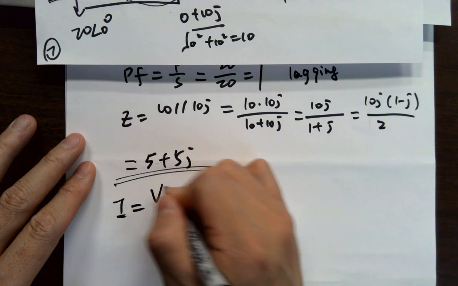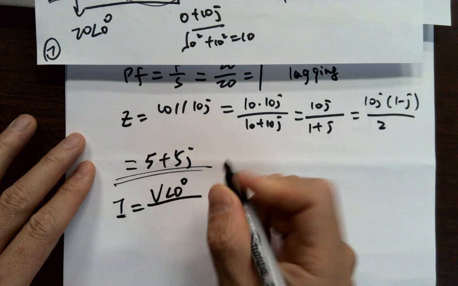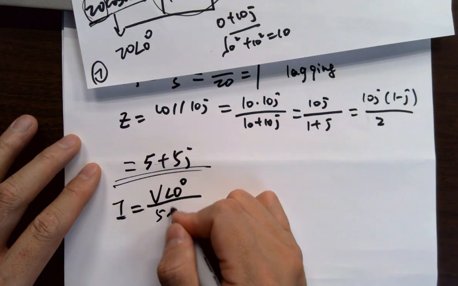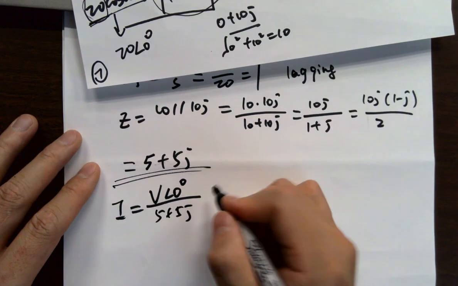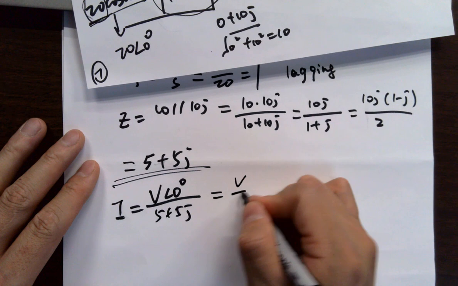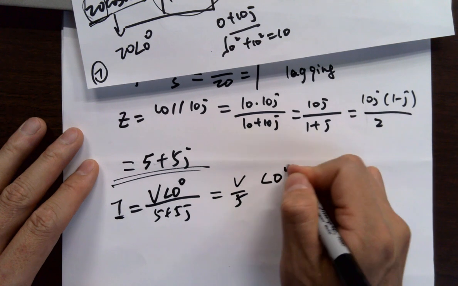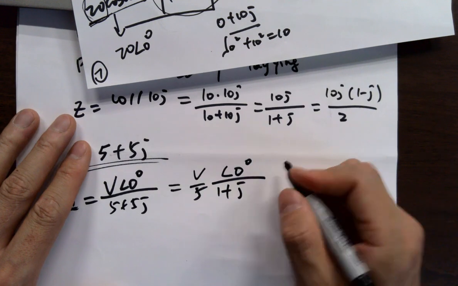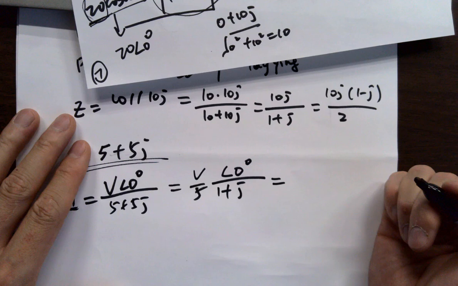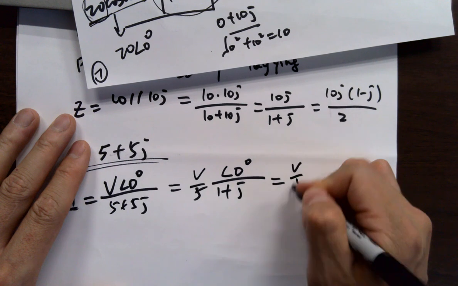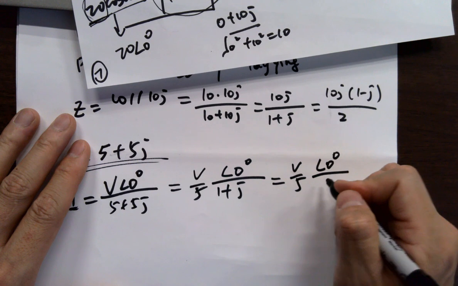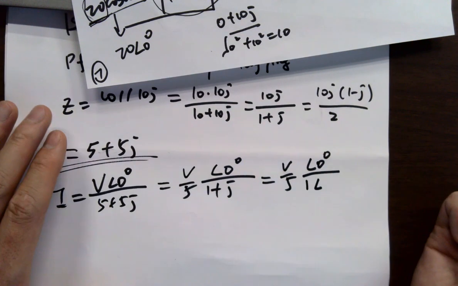So current is V at 0 degrees, divided by 5 plus 5j. Okay, so which is V over 5, 0 degrees, over 1 plus j. And this is V over 5, 0 degrees over the magnitude.